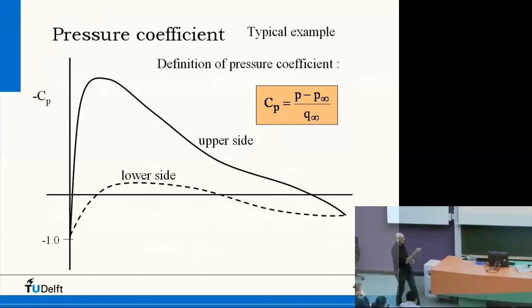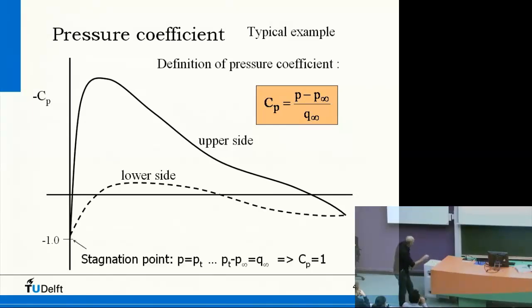Doesn't matter, this is the definition. Right? Okay. And where the CP is 1, that of course is the stagnation point. Doesn't matter if it's compressible or incompressible, that is the point in the pressure distribution where we reach the total pressure, because the velocity here is 0.